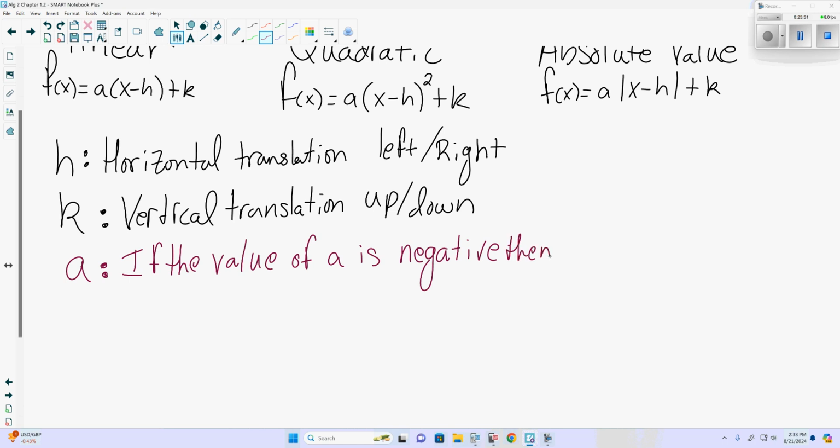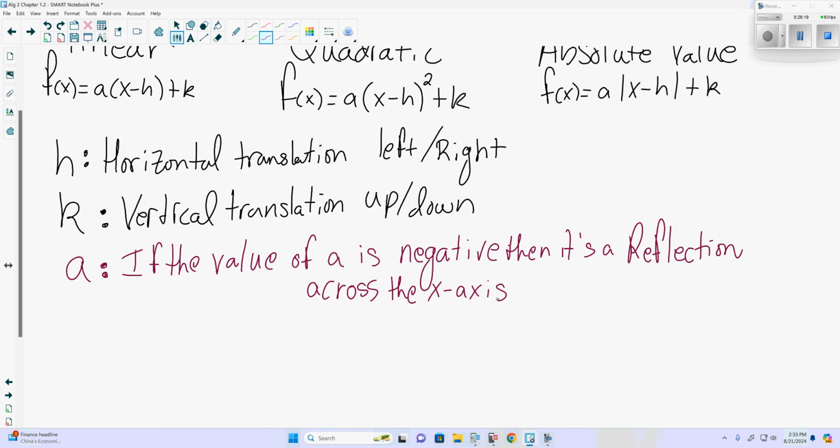If the value of A is negative, then it's a reflection across the x. If the A is negative, A can be whatever it wants because the number is not attached to the reflection, the sign.